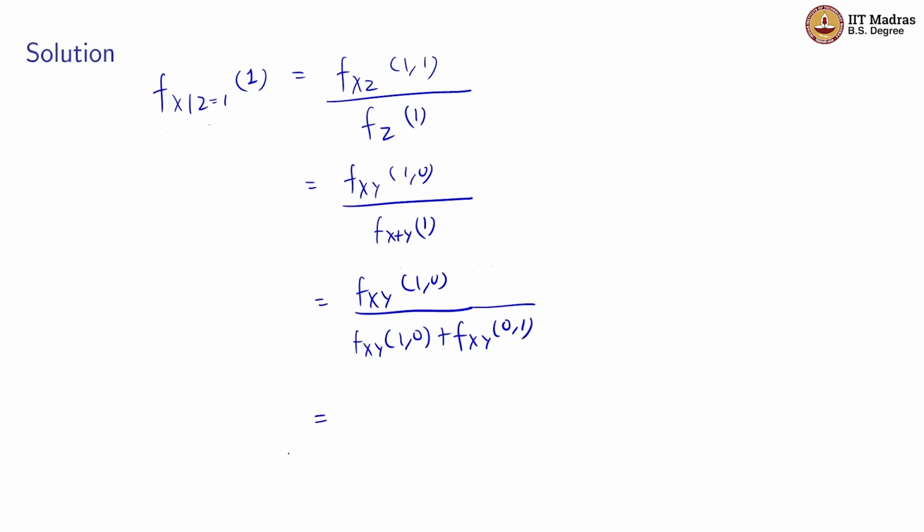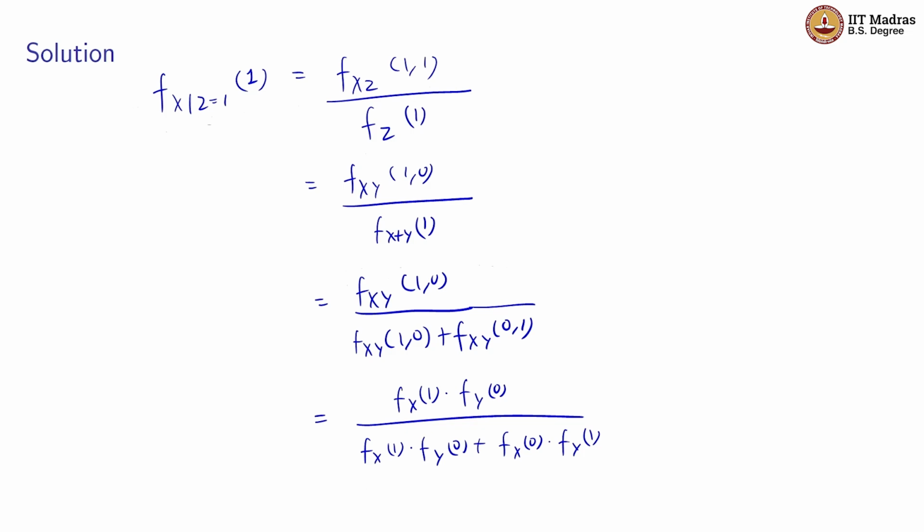As both the random variables are independent, the joint probabilities will be equal to the product of marginals. So on further simplification, this will be equal to probability x is equal to 1 into probability y is equal to 0, divided by probability x is equal to 1 into probability y is equal to 0 plus probability x is equal to 0 into probability y is equal to 1.